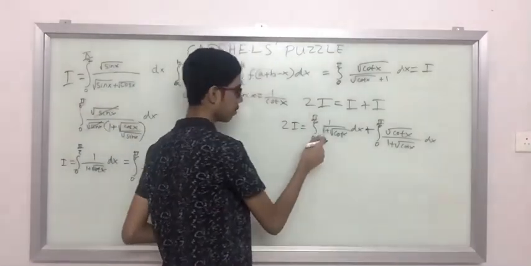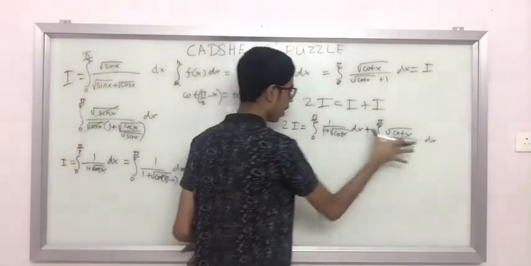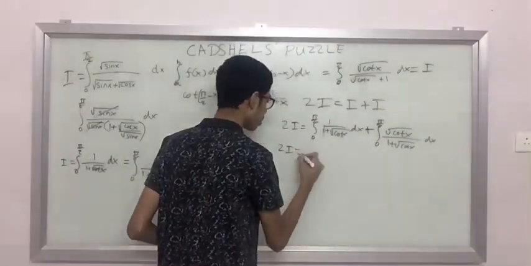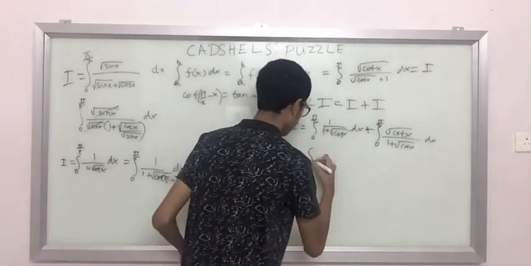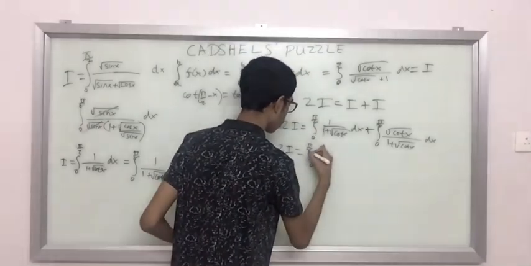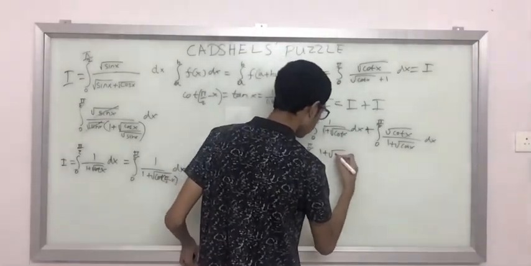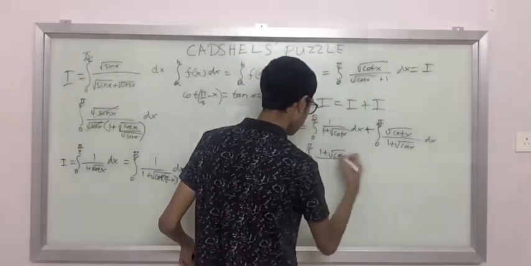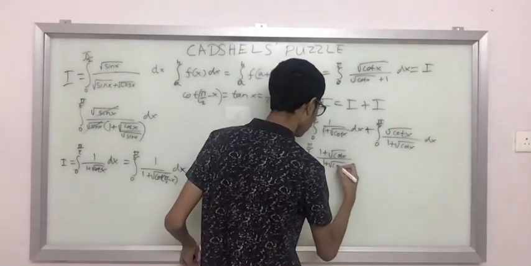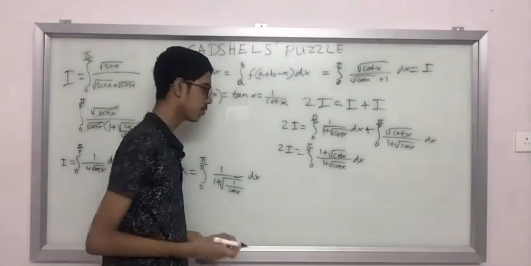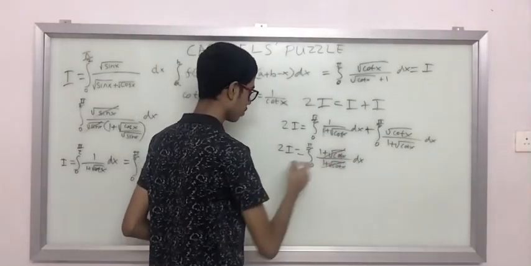They both are going from 0 to pi by 2, so I can combine both integrals. So 2I is equal to integral from 0 to pi by 2 of 1 plus square root of cot x by 1 plus square root of cot x dx. Now they both will get cancelled.